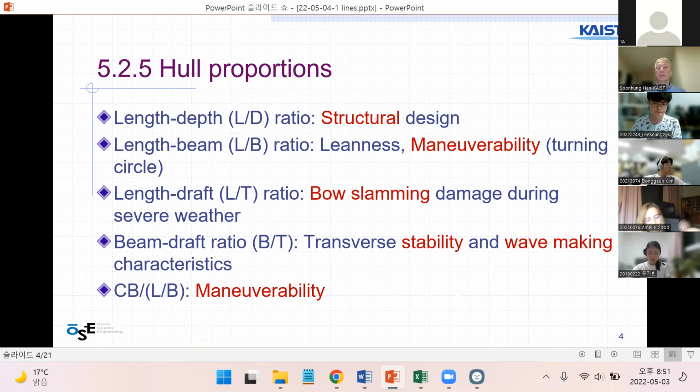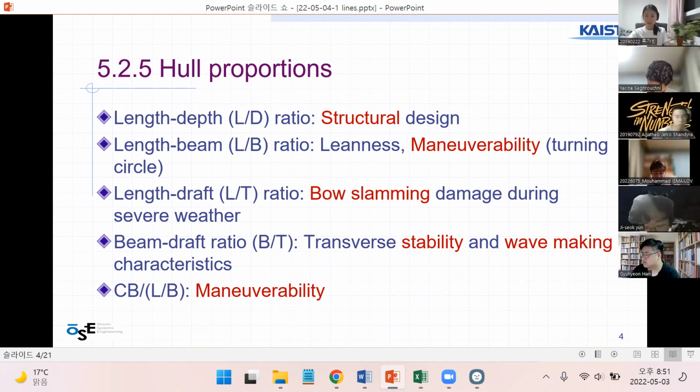So depth and length ratio, or slender beam, something like that, is good or important for structural design. And length beam ratio is related with maneuverability. You have a nice discussion on hull proportions on maneuverability in the previous discussion.